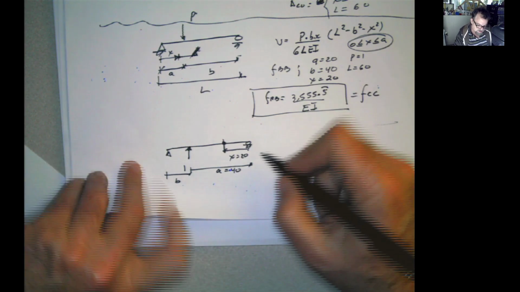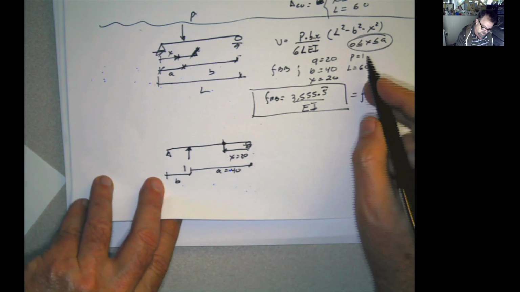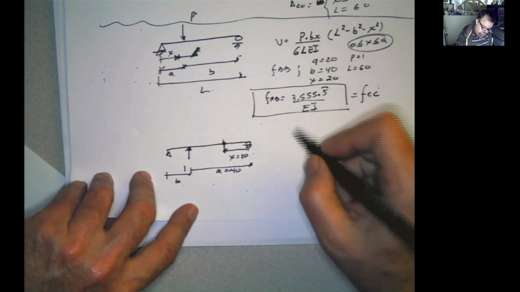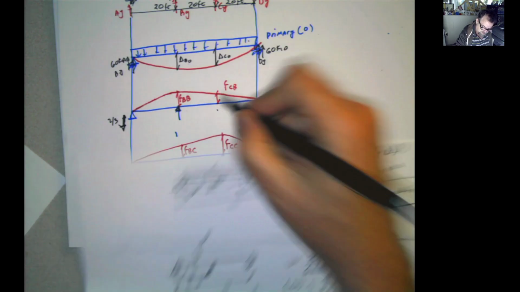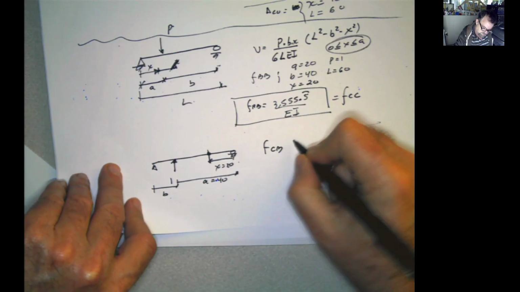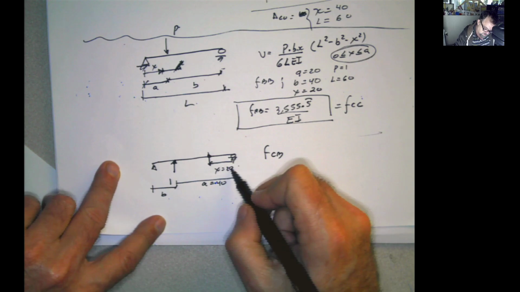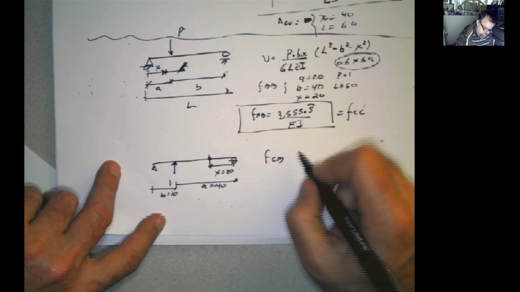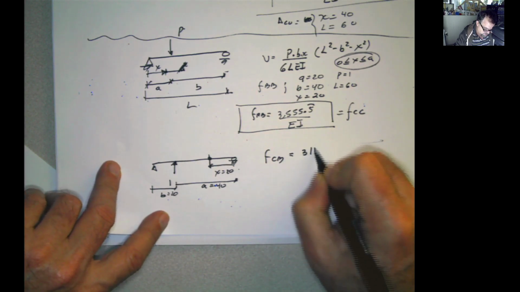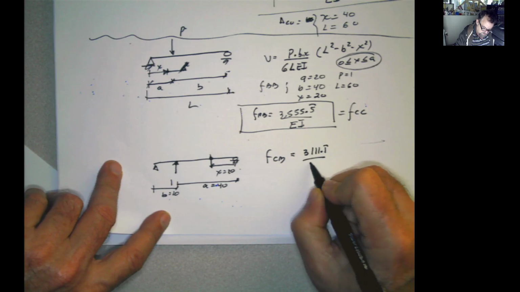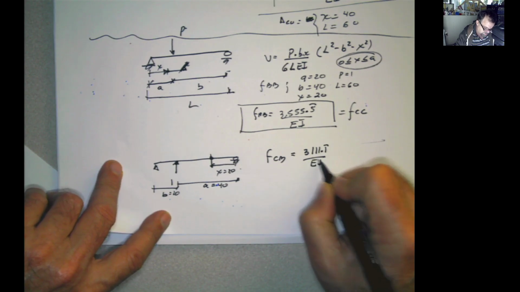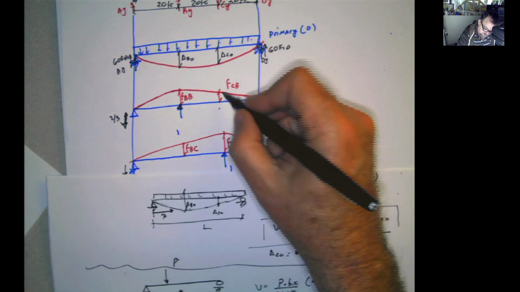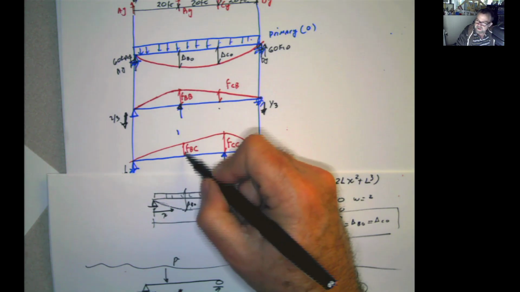So if I do that with these values, and of course P equal 1 and L 60, but I switch my values around like that, then when you put these values into that equation, you get FCB equals 3111.1 divided by EI. And once again, guess what? That FCB, which is this one, per symmetry, is the same as FBC.